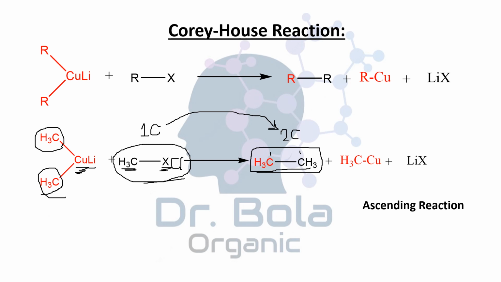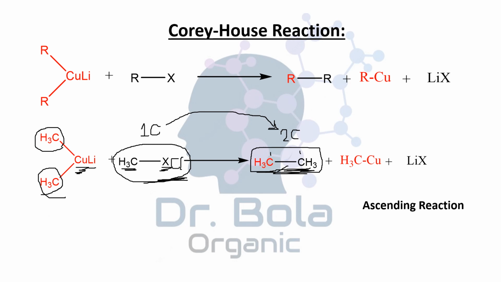Ascending reaction is a reaction in which the number of carbons per molecule will increase through the reaction from the reactant to the product. And with the same idea, what if I told you that some other reaction is descending reaction? What would that mean? Exactly. Descending reaction would mean that the number of carbons per unit molecule is actually decreasing through the reaction from the reactant to the product.